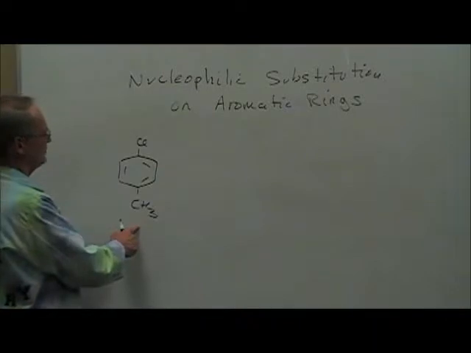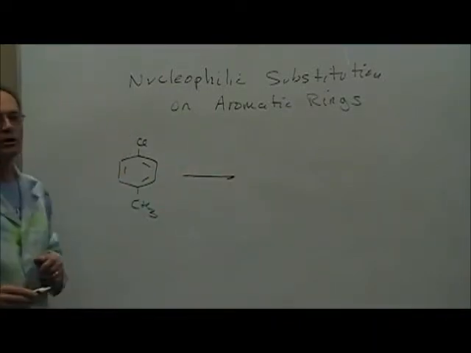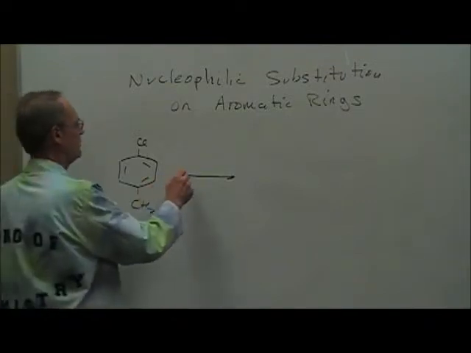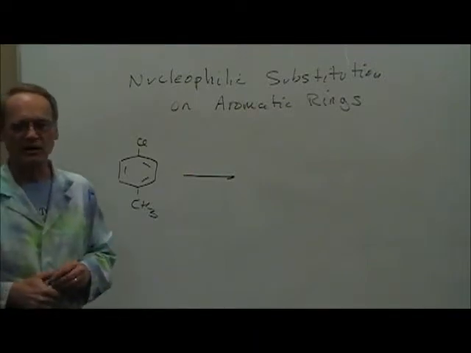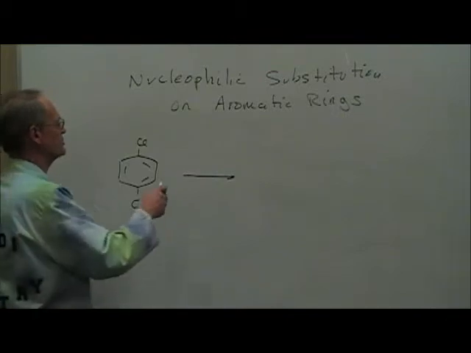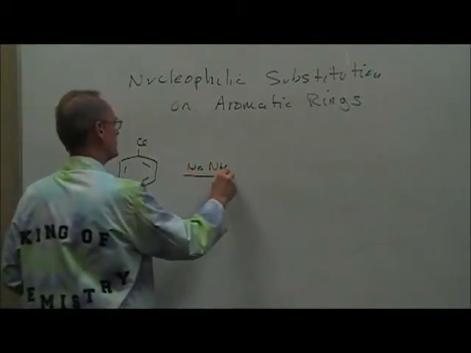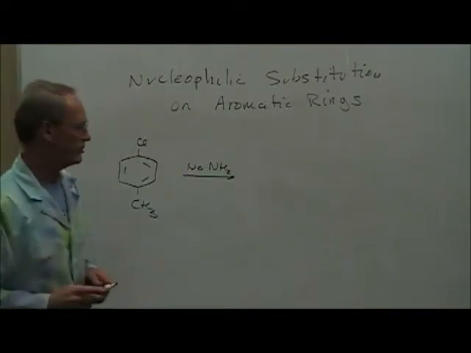Turns out if you take para-chlorotoluene and you react it with extremely strong base, like for example sodium amide, or you could use very concentrated hydroxide under high temperature conditions. Now let's just look at sodium amide here, NaNH2. That's an ionic compound that we have seen several times already in organic chemistry.